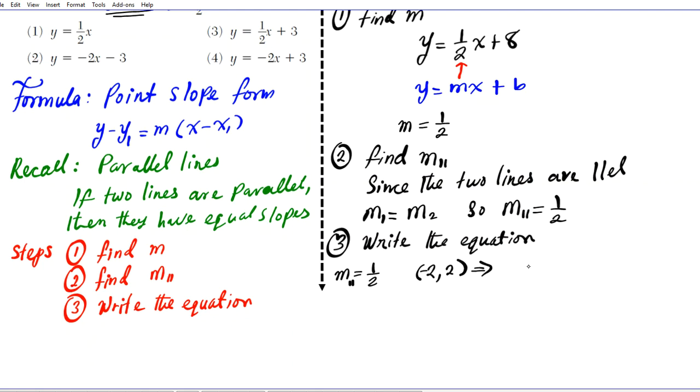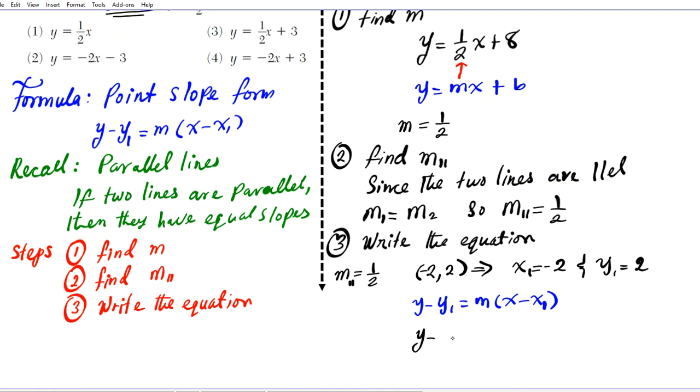This tells us that x1 is going to be -2 and y1 is going to be 2. So we'll put all these together in the equation that we wrote earlier, y minus y1 equals m times x minus x1. Plug everything in here and solve for y.